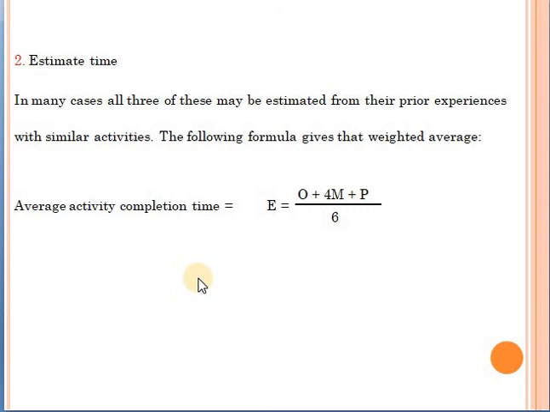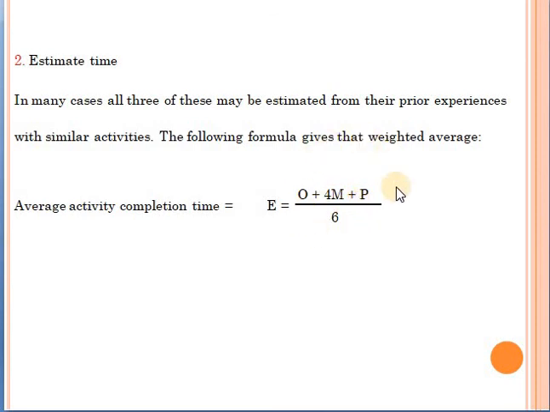Now we have 3 durations for the completion time of the activity, but I cannot make my schedule when I have 3 durations for the activity. So that's why this method can give us an estimate of the completion time of the activity, taking into consideration the optimistic view, the pessimistic view and the most likely situation.